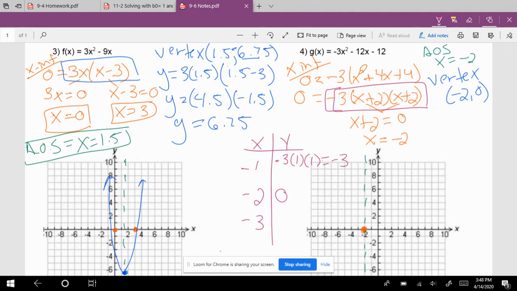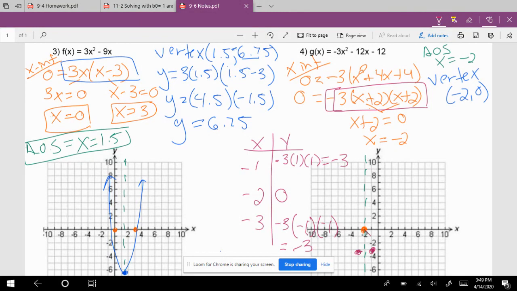So I have the coordinate point -1, -3. And I can plot that on here. And I can do the same thing with the -3 x value. -3 from the factored form times -3 plus 2. Well, that's -1 times -1 again. That is going to give me -3 again. So I also have the point -3, -3.